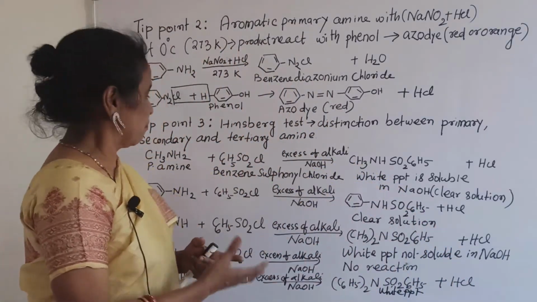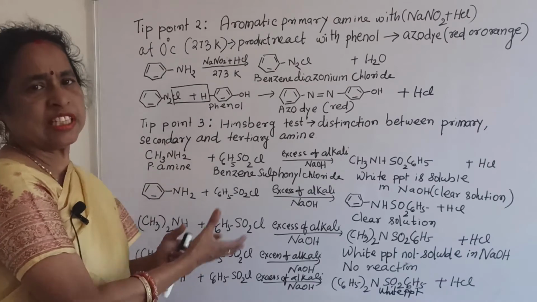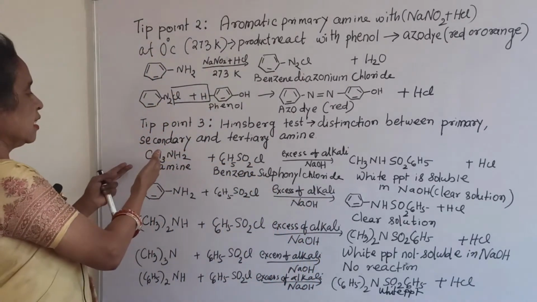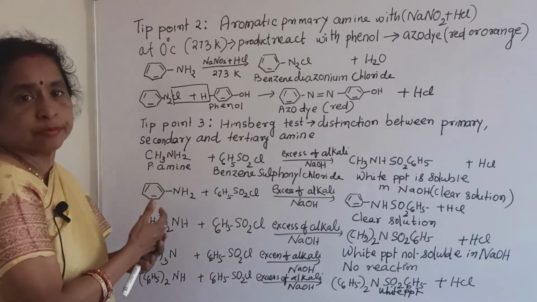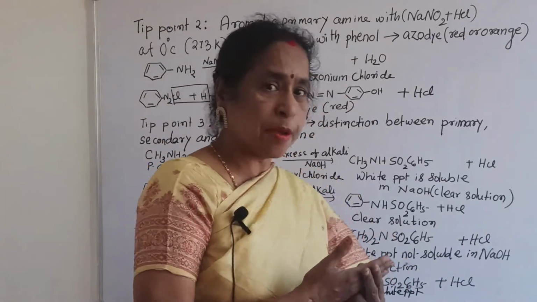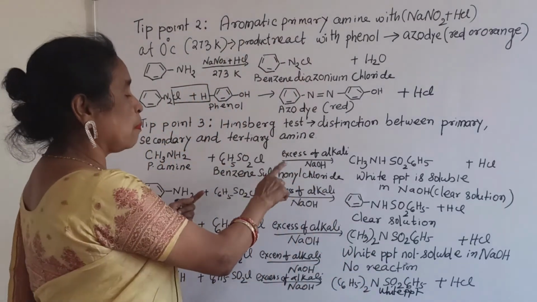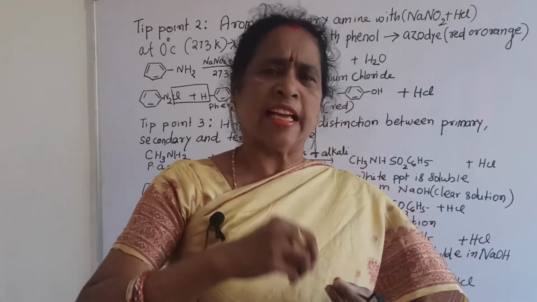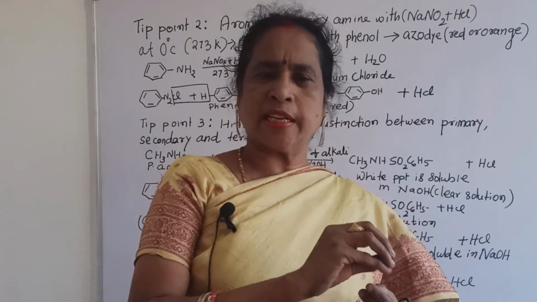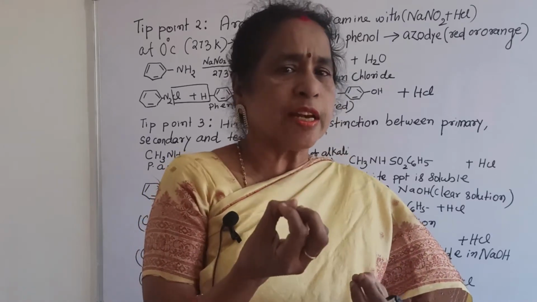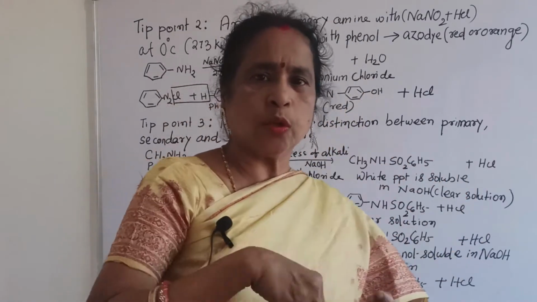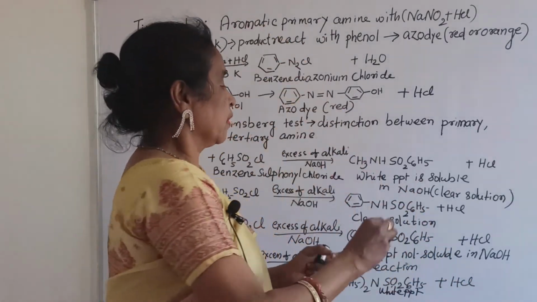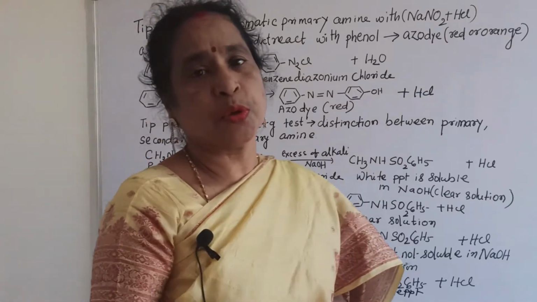You will take the amine given to you, either primary, secondary or tertiary. Let us take an example, methylamine, which is a primary amine. You take benzene sulfonyl chloride, C6H5SO2Cl, then excess of NaOH. First add NaOH, then a white precipitate forms, and with excess of sodium hydroxide the white precipitate dissolves.